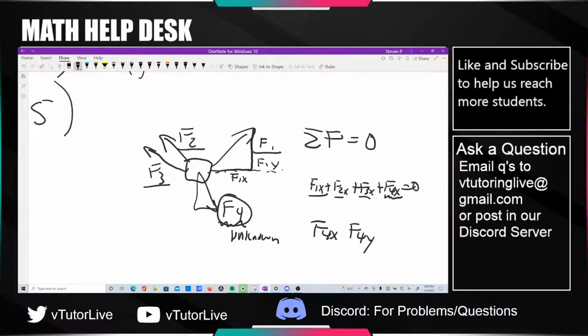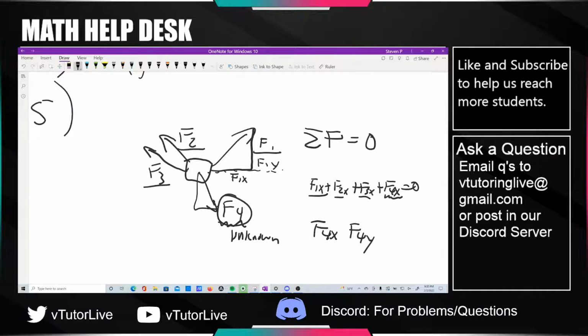Should be simple enough. The whole idea here is if it's all got to cancel out to be 0, it tells you all the information you need to know.